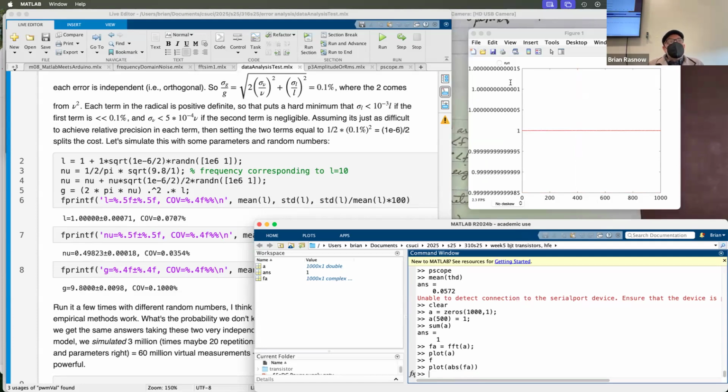How does that work? Because in order to create a delta function, let me go back the other way. A equals sine of 2 times pi times t, from 0 to 1,000.